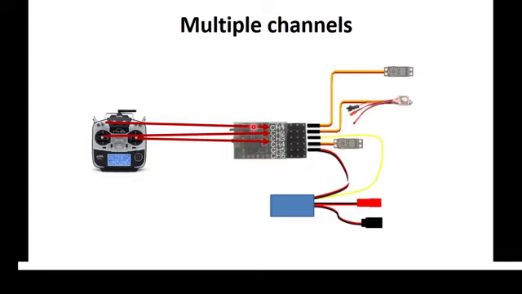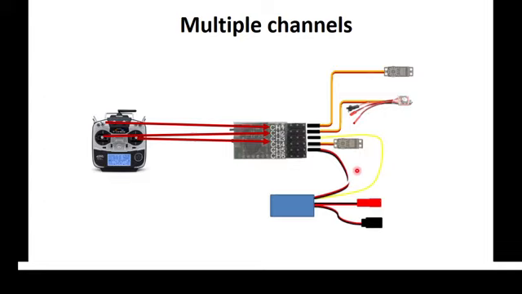Normally, a radio transmitter can generate in parallel several radio signals through different channels. These signals are used by the receiver to generate separate PWM signals to control several devices in parallel.